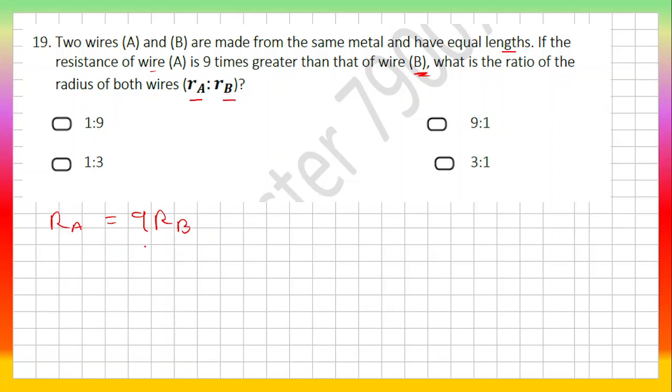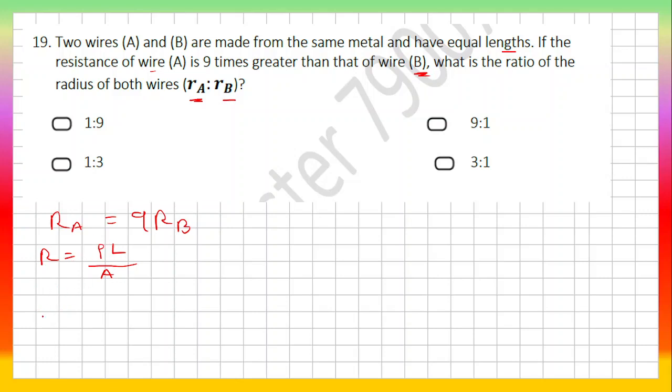Okay, here we are going to use this. I think you have seen it somewhere. R is always given by the resistivity times length over area. But area now we will use pi r squared. So we are going to equate these two.